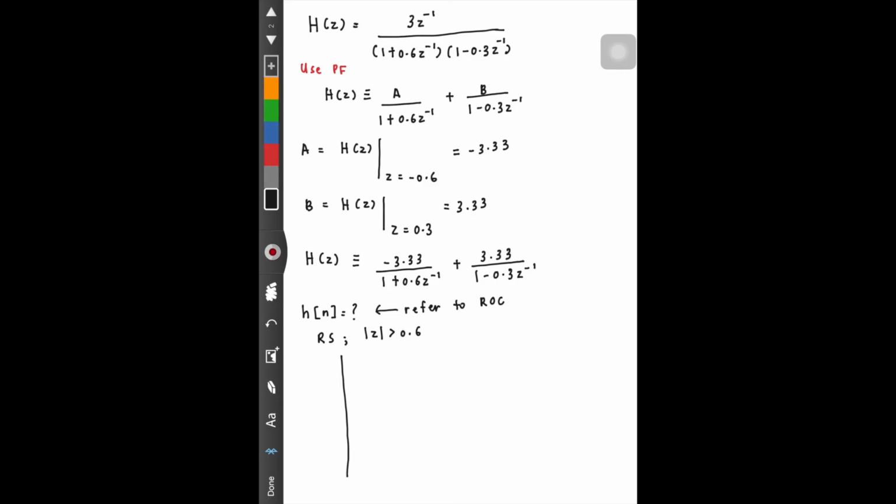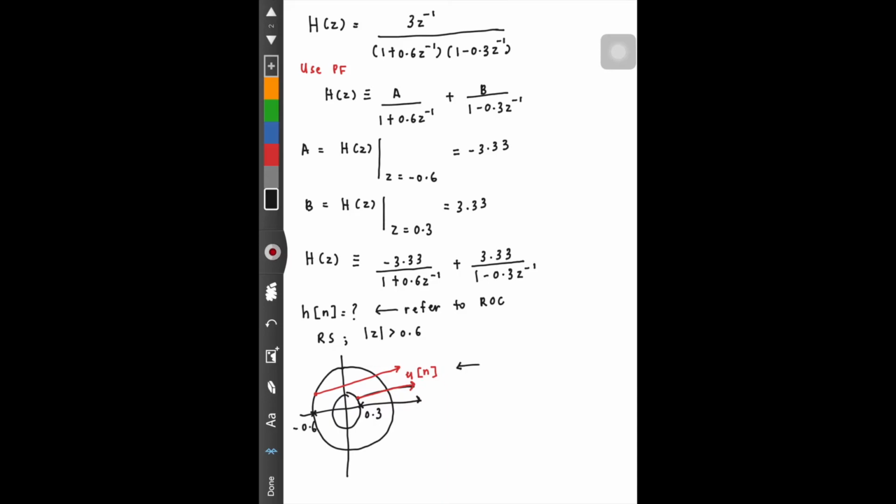We have 0.3 and negative 0.6. Right-sided means all your poles will approach to the right, so the function is u[n].